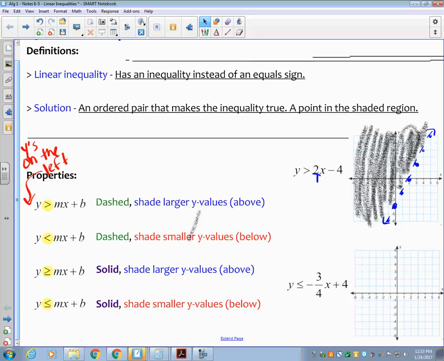So I'm going to go ahead and graph this: y less than or equal to negative 3/4 x plus 4. Plus 4 is going to go here. Our rise is going to be negative 3, and our run is going to be 4. It's going to go down 3 over 4, and it's going to be a straight, solid line.